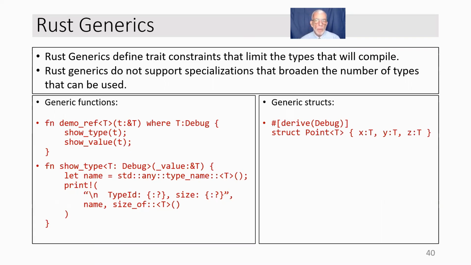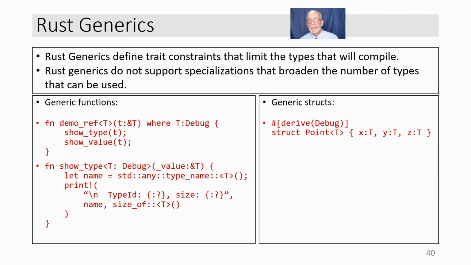So we might create a library of generic types, and then when we enter main, if we have a dependency on that library, we might create an instance of that type with some specific parameter type.